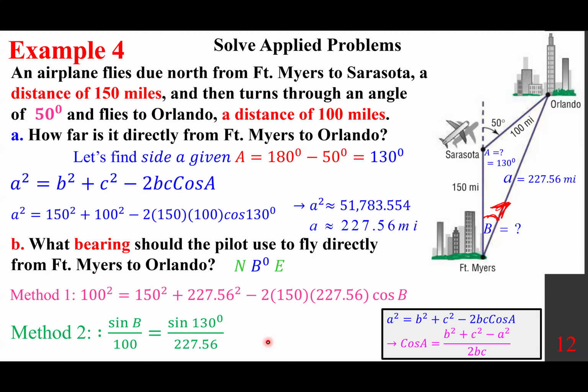You take the sine inverse and you come up with the answer. In this case, cosine B is 0.9415. Now B is the cosine inverse of this number, and it's 19.7 degrees.